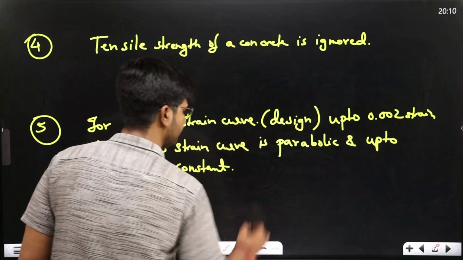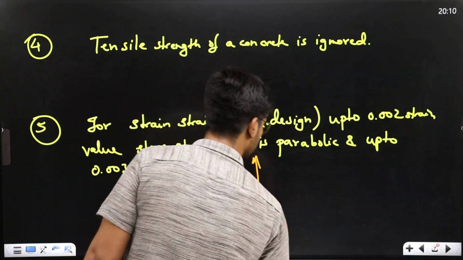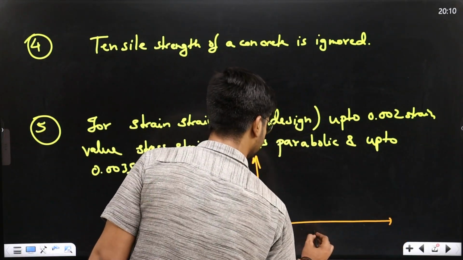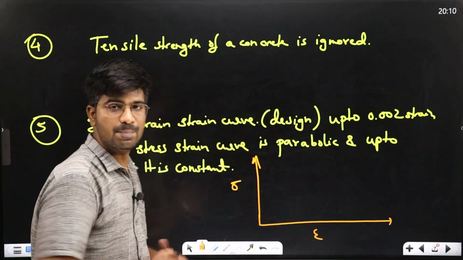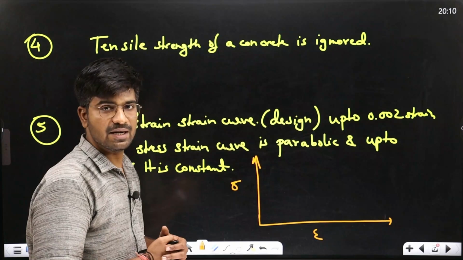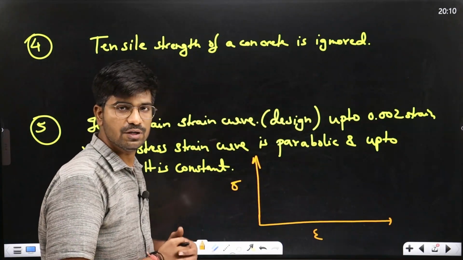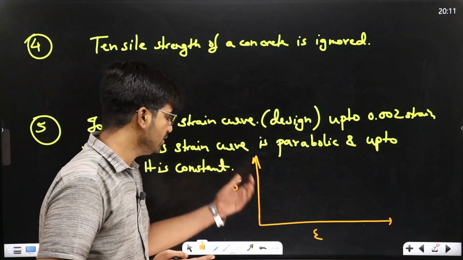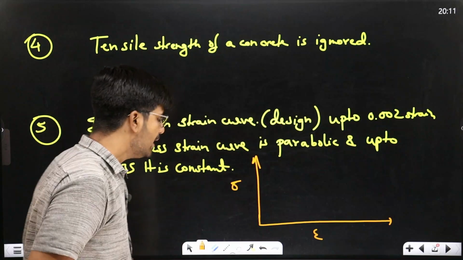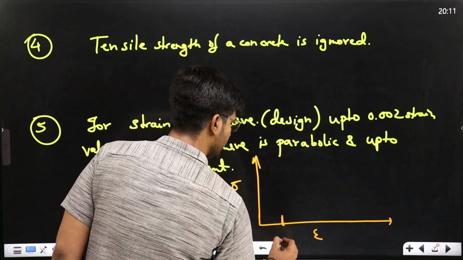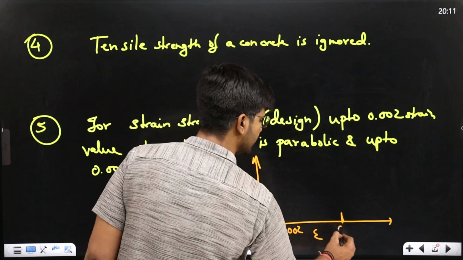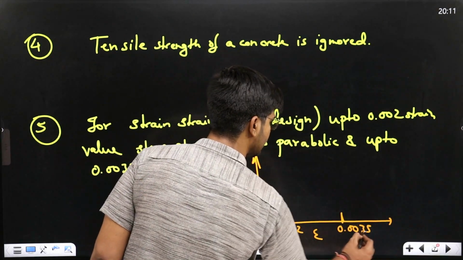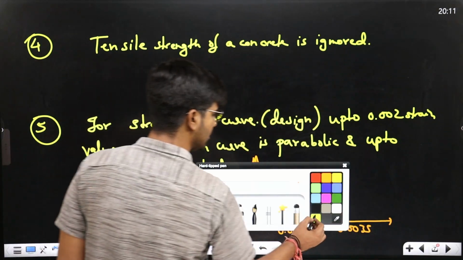I will show you here. Your stress strain curve: here is strain, this is your stress, because strain is independent and stress is dependent. Stress is based on strain only. You will see the deformation, and you will get the value of strain. So here the value is 0.002 strain value, and here the value is 0.0035. What does this assumption tell me?